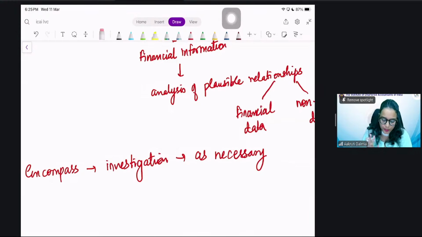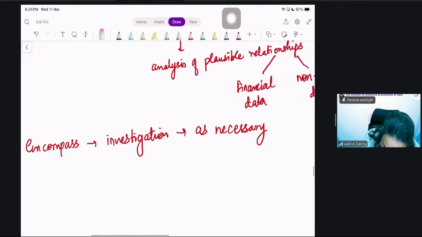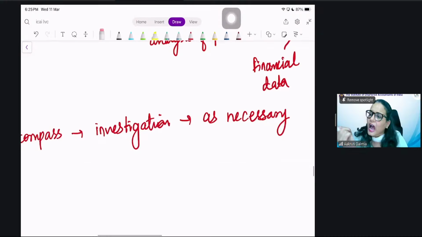Okay. So yeah. Analytical procedure means they also encompass such investigation as is necessary. Is investigation done after identifying any abnormal thing or before? Tell me quickly. After you have identified something, right? Okay.